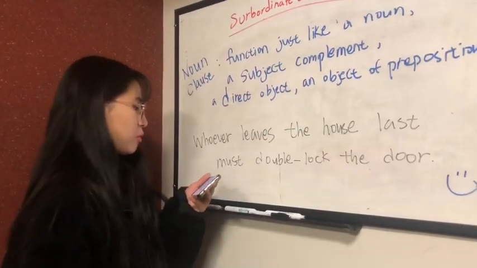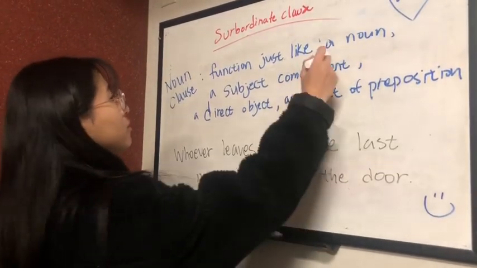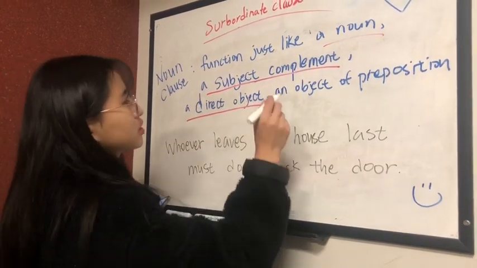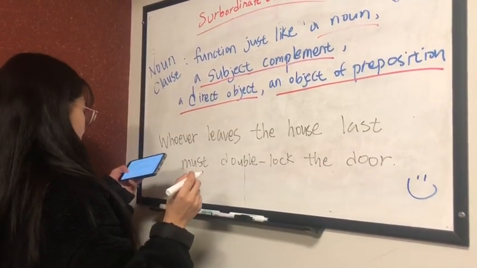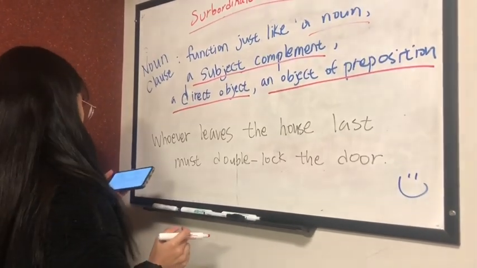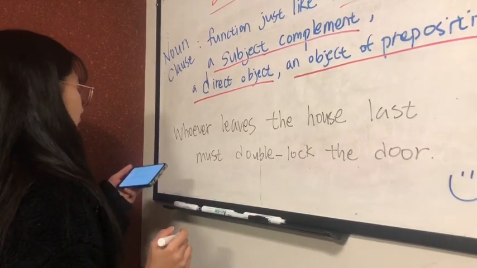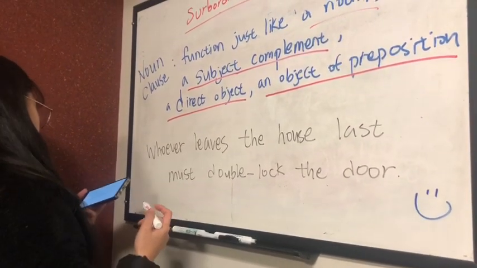The next type of subordinate clause would be noun clauses. They function just like a noun: a subject complement, a direct object, or an object of a preposition. Just like adverb clauses, they also have words that introduce the noun clauses, such as how, if, whatever, whenever, whether, whichever.